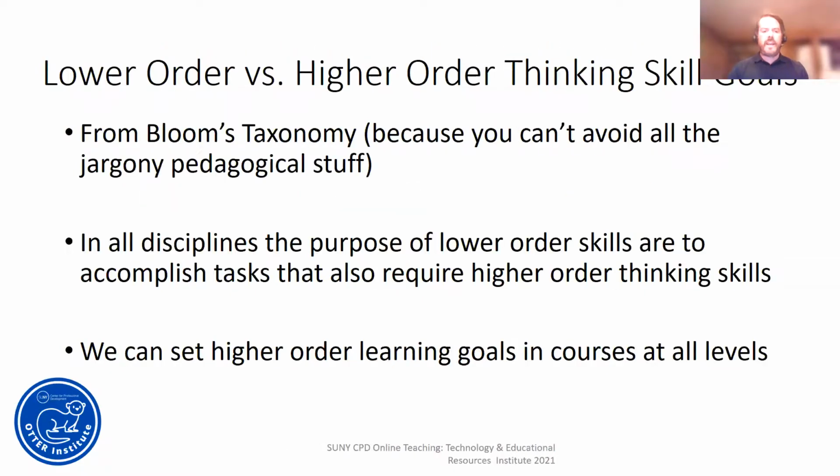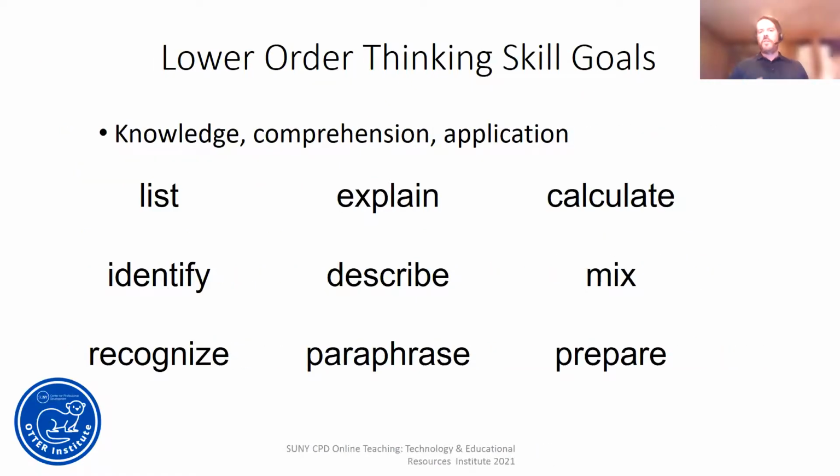And so like that last thing, we could set higher order learning goals in courses at all levels. They are going to be different in an introductory course versus an advanced course, but you could do it in all courses. So lower order thinking skill goals, here's the list of adjectives, right? It's knowledge, comprehension, application, just the kind of things you've got to do, the basic knowledge generation.